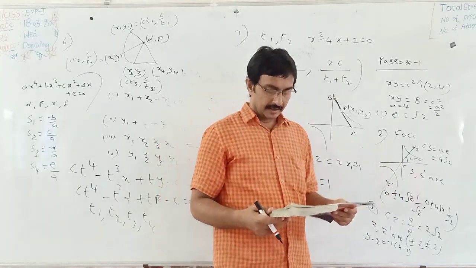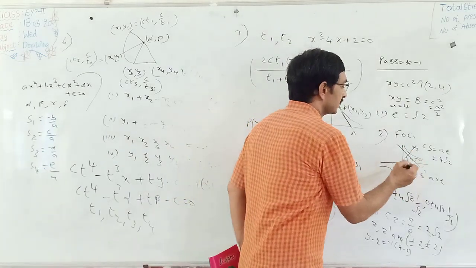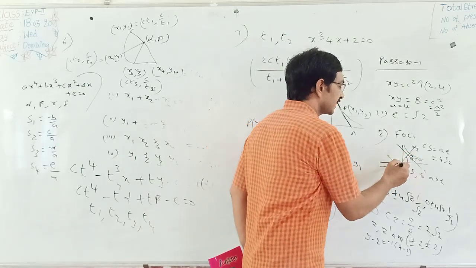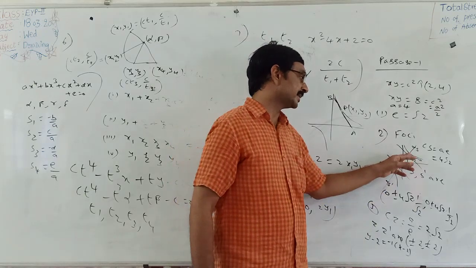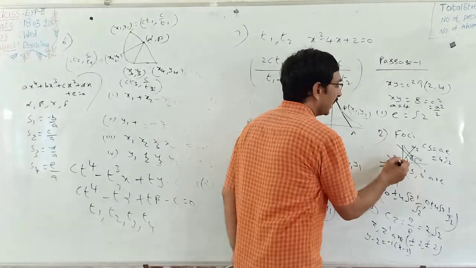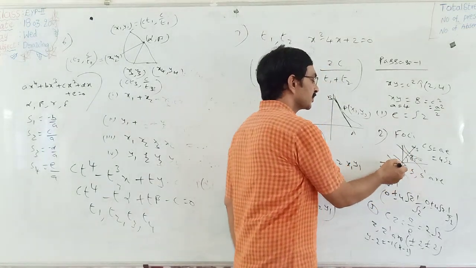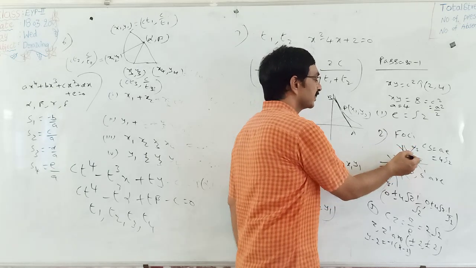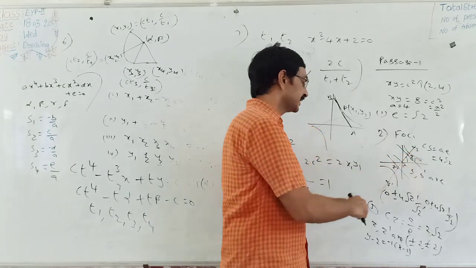See, third one, equations of the directrices. Here, the directrices are passing through Z and Z dash and parallel to the line y equals minus x. So clearly the slope of these two directrices is minus 1 and they pass through Z and Z dash. So first we have to find the points Z and Z dash.